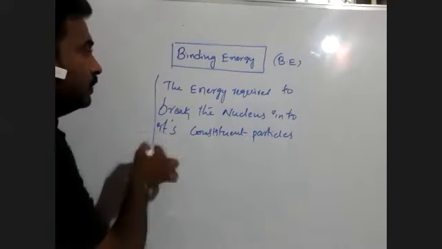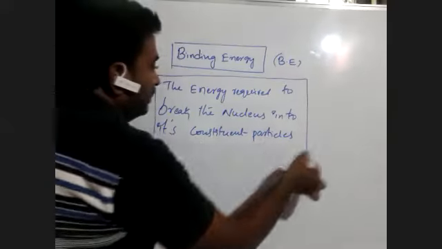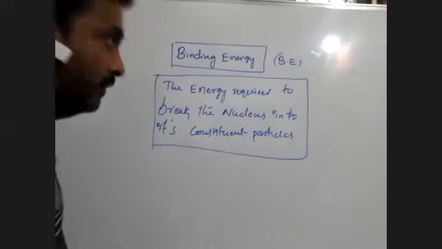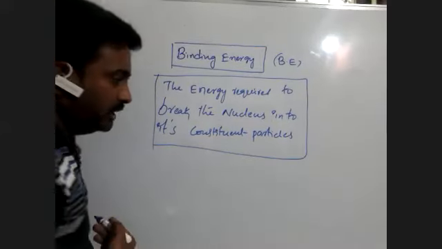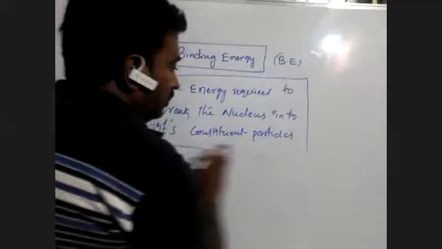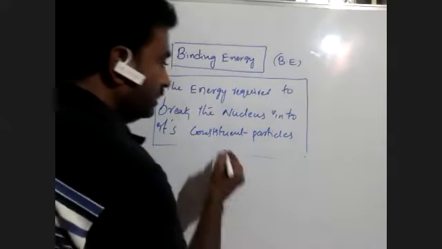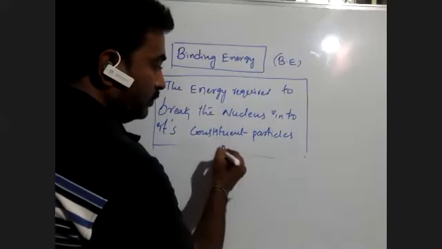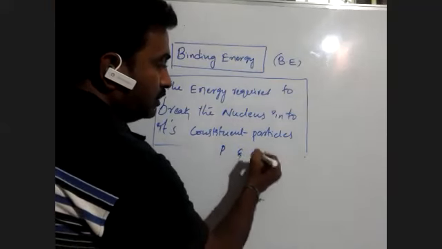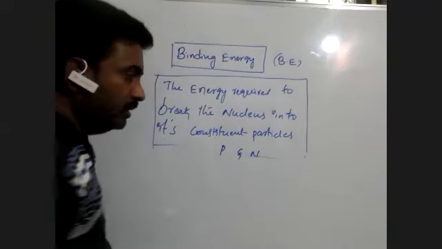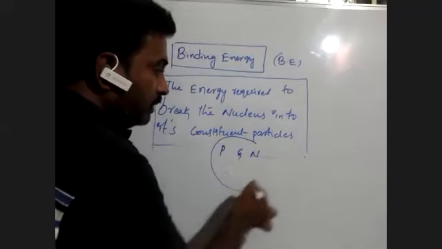In a simple way, we can understand this binding energy concept in a different method. We know the particles present in the nucleus: nucleons, protons and neutrons. All are together within the nucleus.